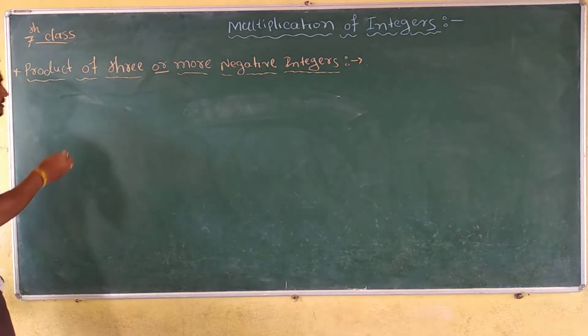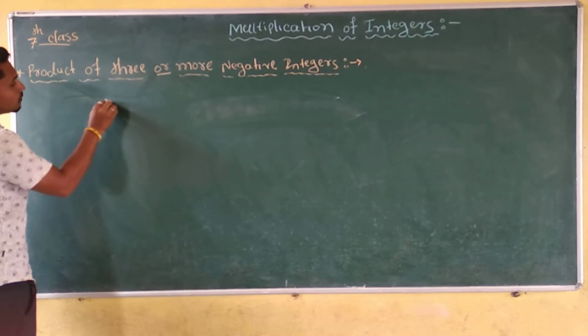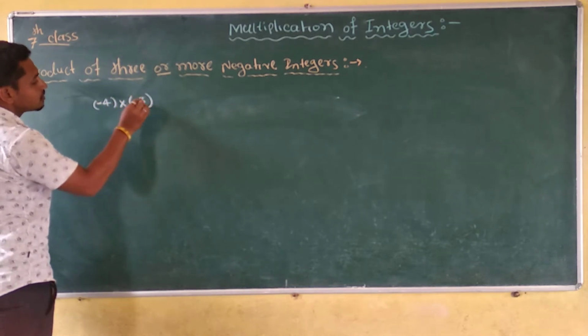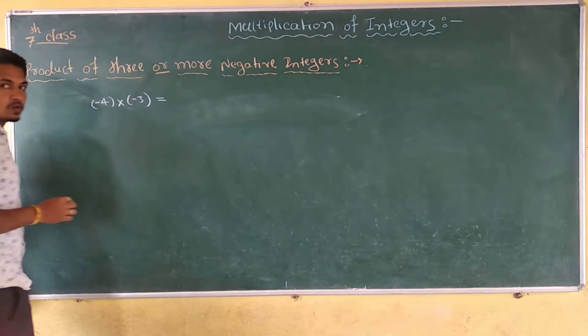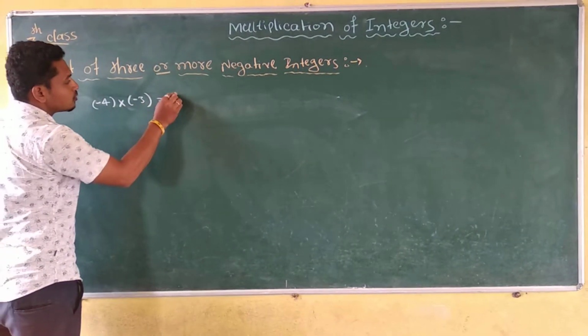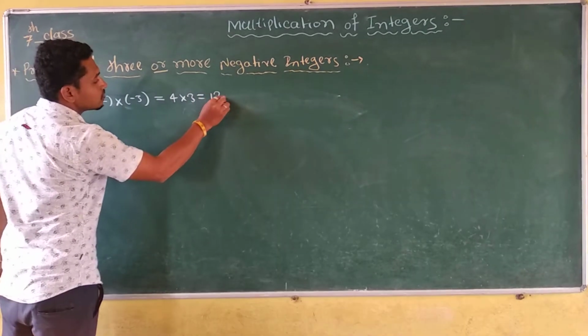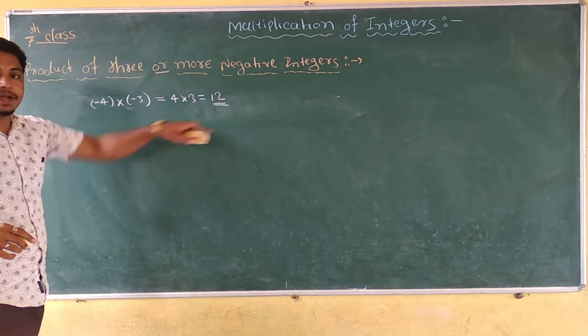See here: minus 4 into minus 3 is equal to 4 into 3, 12. So it is a positive integer.